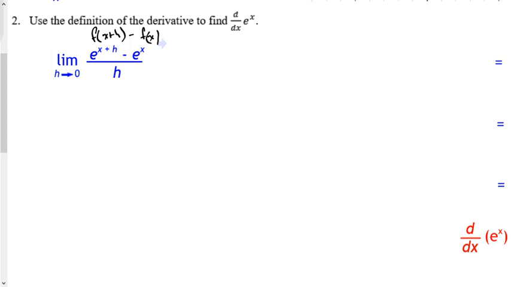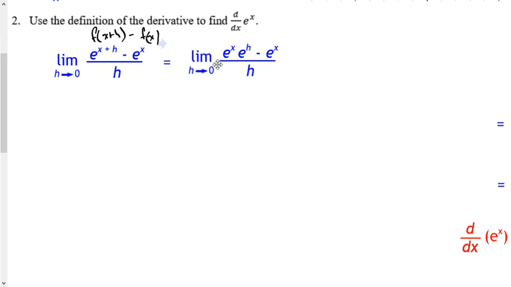In order to evaluate this limit, notice here I'm adding exponents. When do we add exponents? It's when we are multiplying powers of the same base. So I'm going to rewrite e to the x plus h as e to the x times e to the h, separating it into two separate exponential expressions.